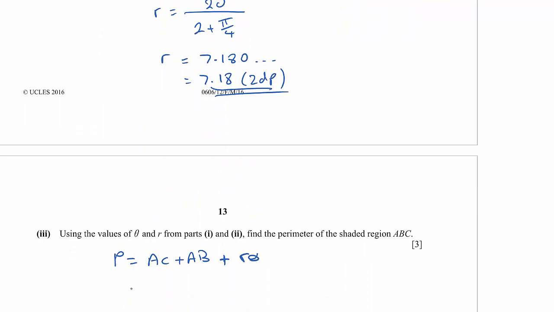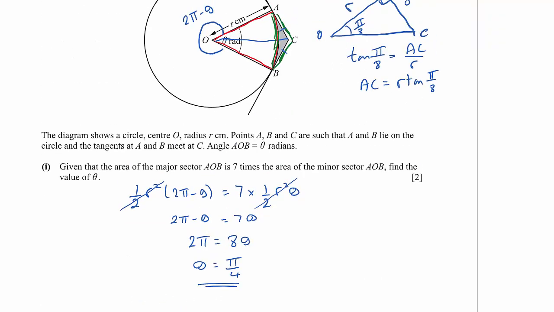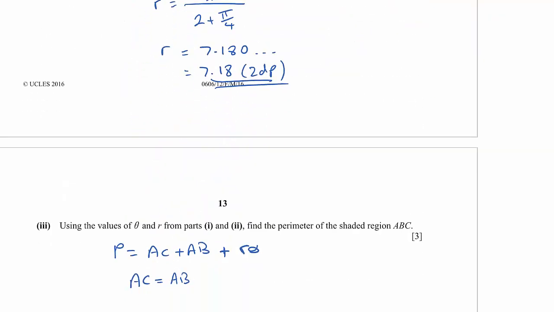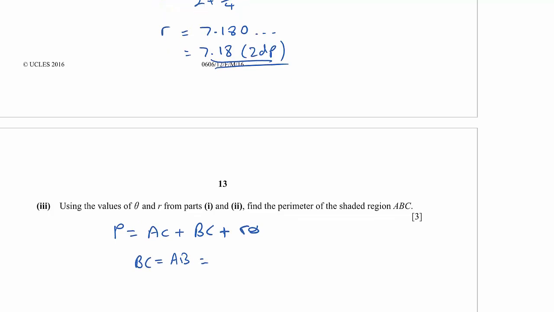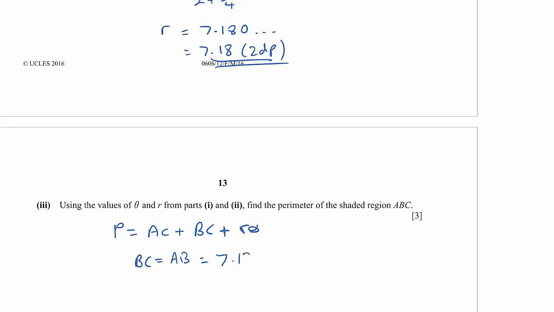So we can put that here. AC, which is equal to AB. That was right, wasn't it? No, it's CB. BC. And BC and AB are equal. And they're both equal to 7.18 times tan pi by 8.